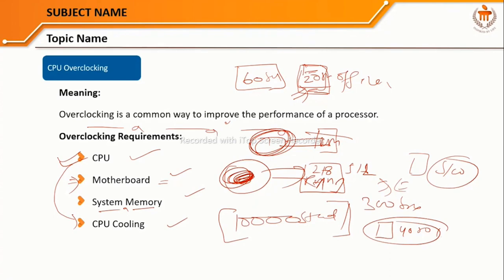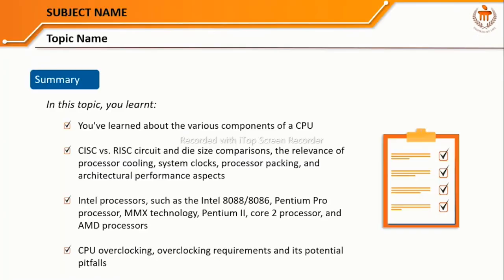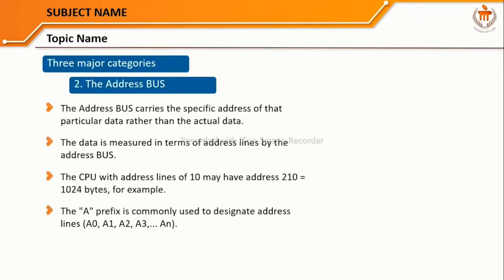So what have we understood today? In this topic we learned the various components of the CPU, three categories of the CPU, and the risks. We also compared processor cooling, why we need processor cooling, the system clock, architectural features, the role of the 8086 and Pentium processors and how they work, the meaning of core AMD processors, and the CPU clock as the requirement of overclocking. Now a quick review.